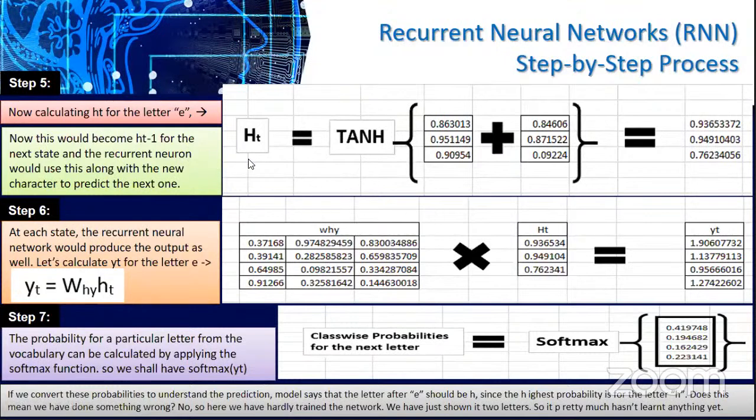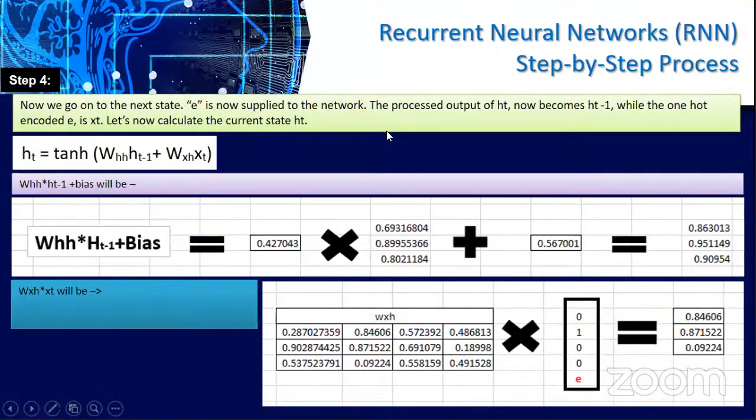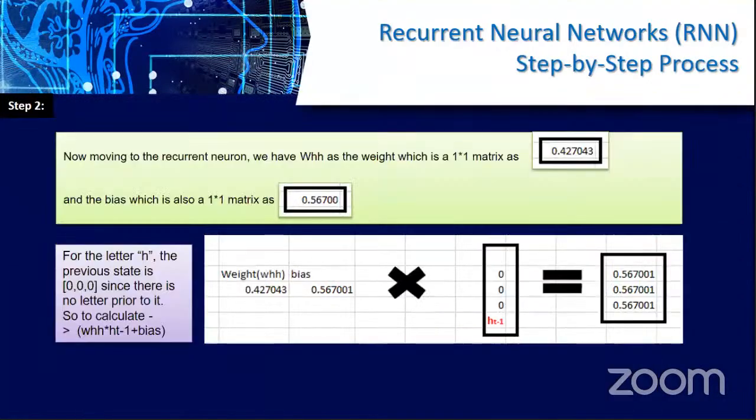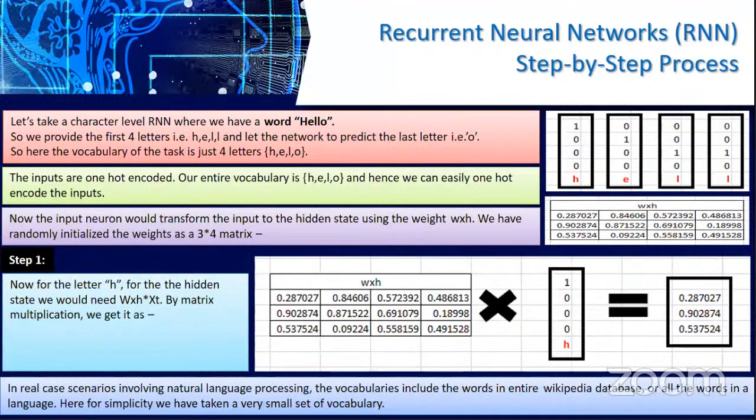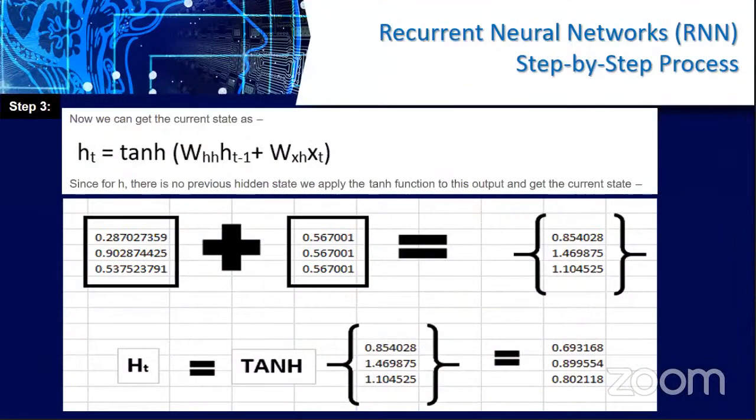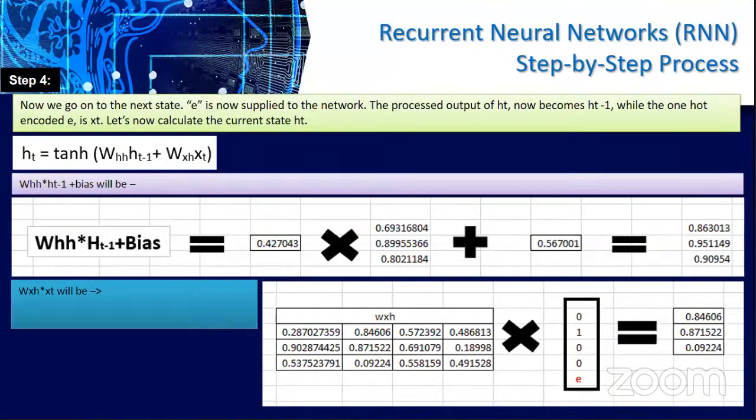So h suffix t would be given as tanh of the first set of values that we got, which is 0.863013, 0.951149, 0.90954. That is WHH into h suffix t minus 1 plus bias.